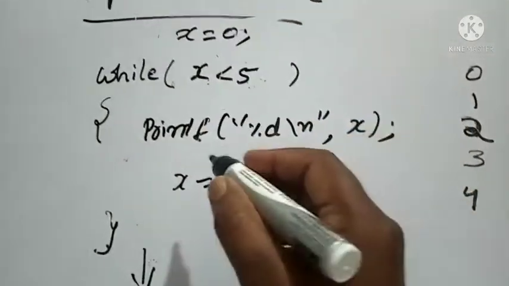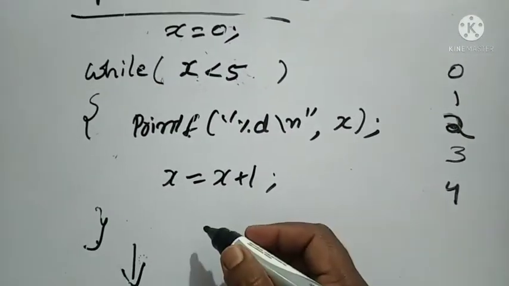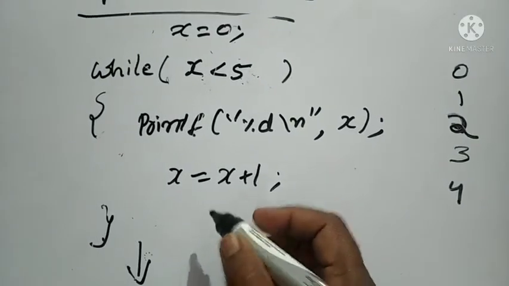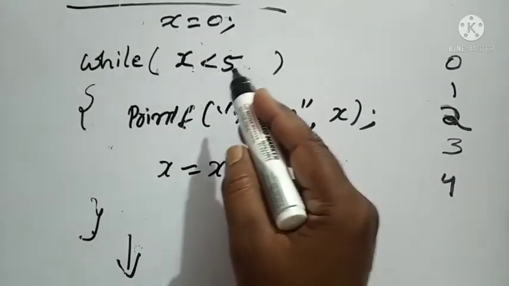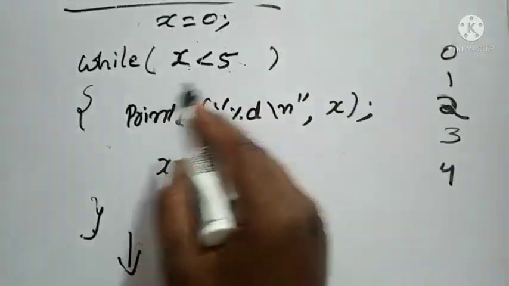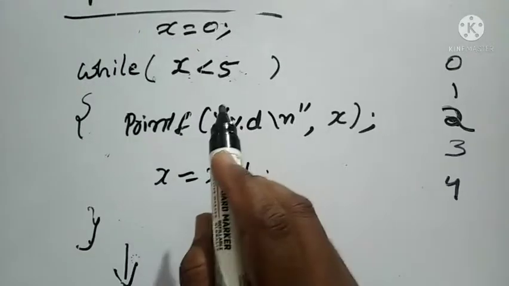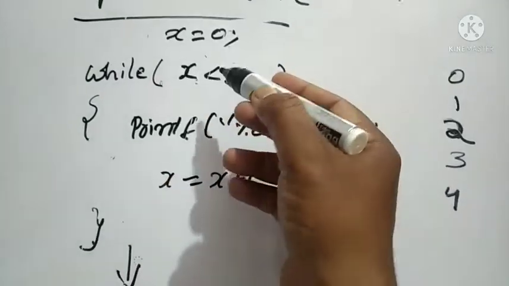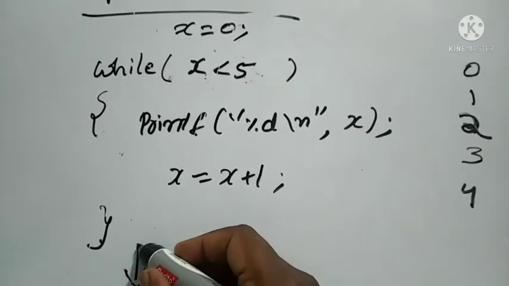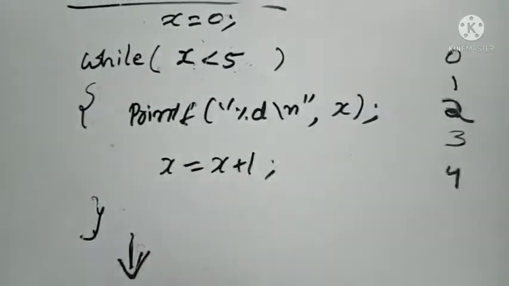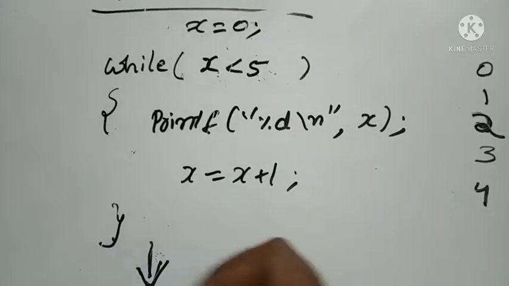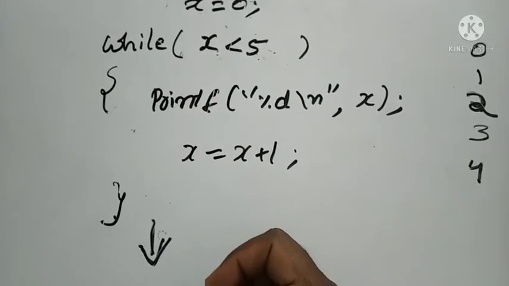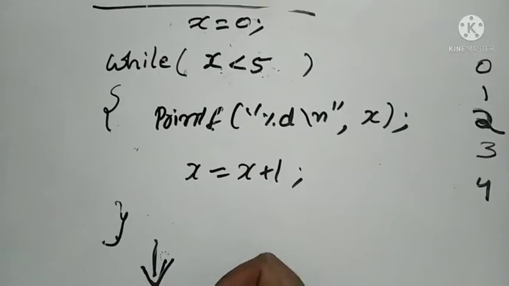During this iteration the value of x is 5, which is not less than 5. 5 is equal to 5, but not less than 5. So the cursor will come out of the loop and start executing the instruction next to the closing bracket. This is about the while statement.